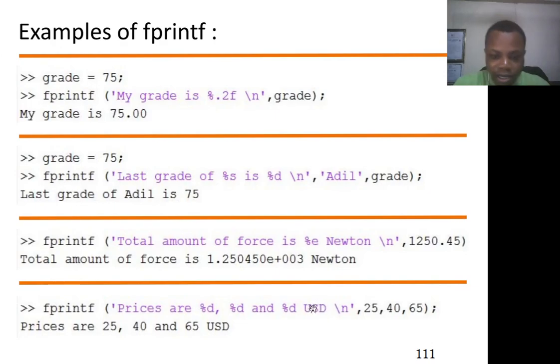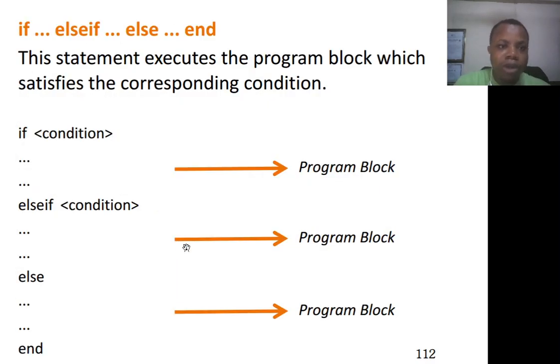Then finally the US dollars. So prices are 25, 40, 65 dollars. This is how we get to print some things, as well as modify how they appear on the output using what, MATLAB, using the fprintf command. Okay.